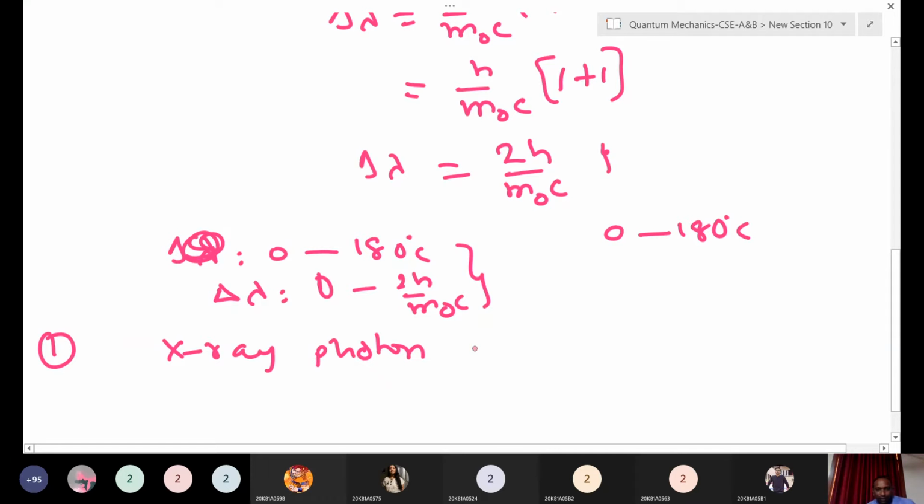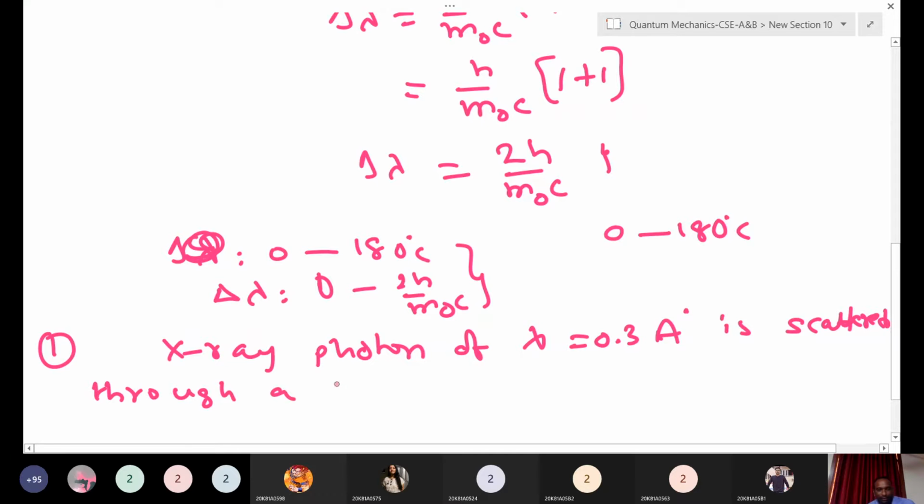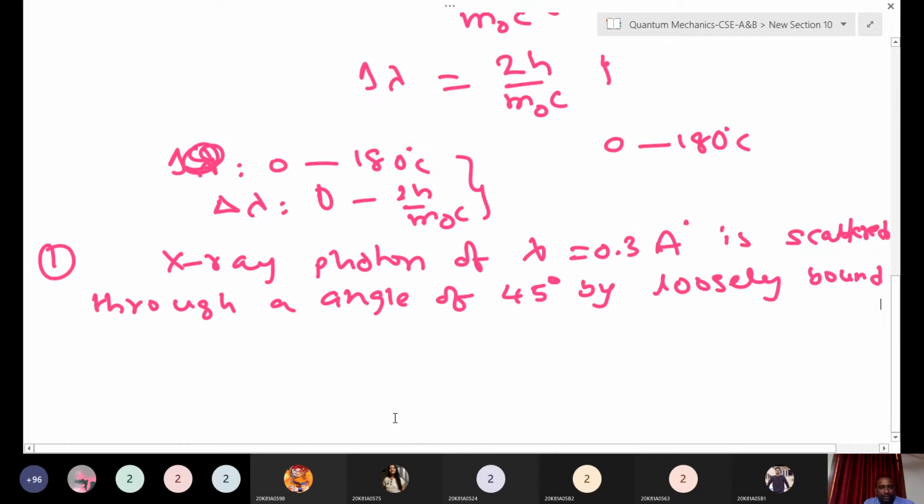So an X-ray photon of wavelength 0.3 angstrom is scattered through an angle of 45 degrees by a loosely bound electron.